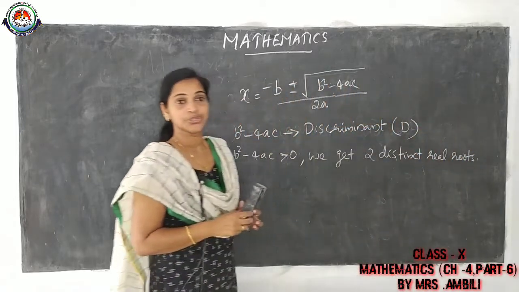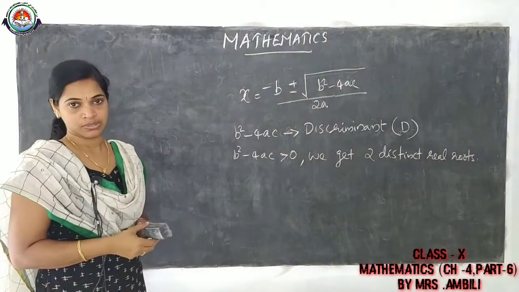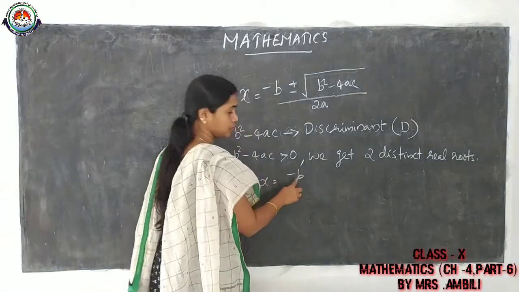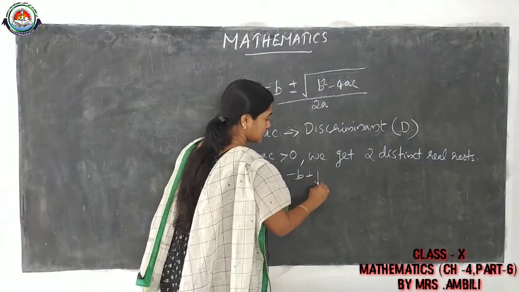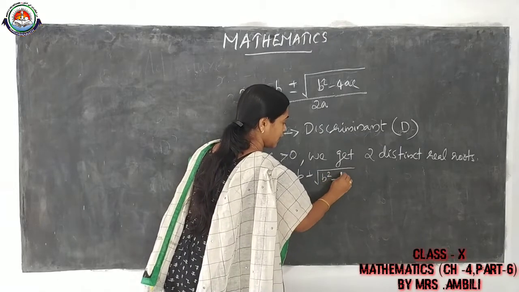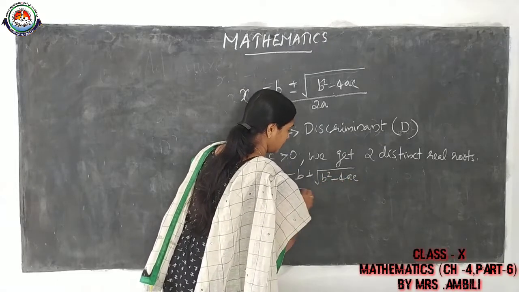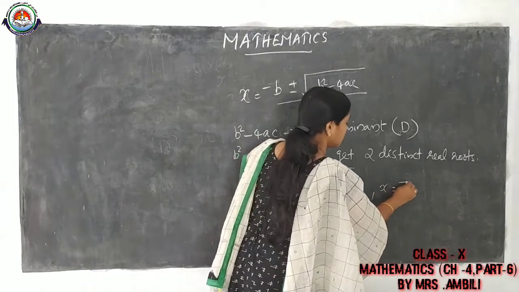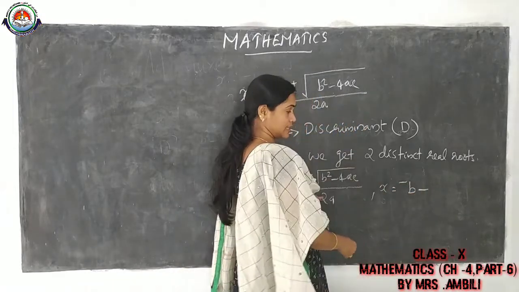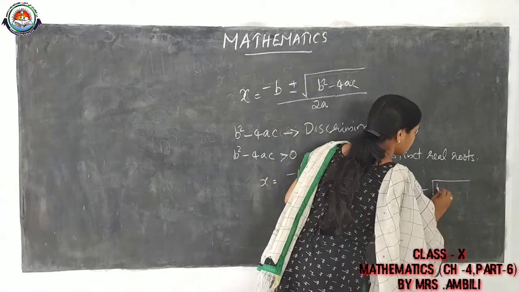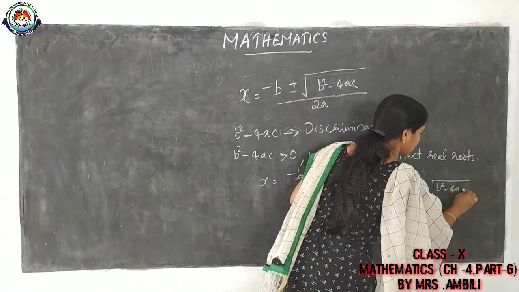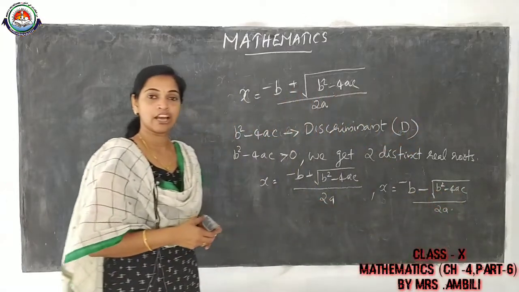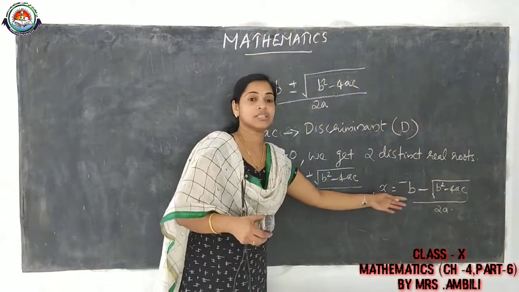What are they? x equal to minus b plus root of b square minus 4ac by 2a, and x equal to minus b minus root of b square minus 4ac by 2a. These are our two distinct real roots.